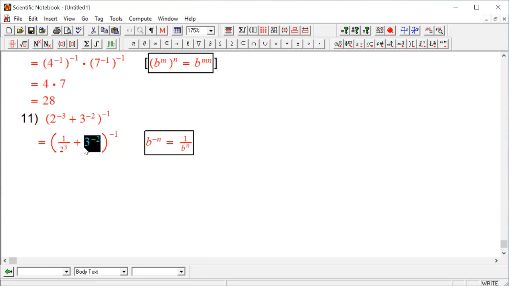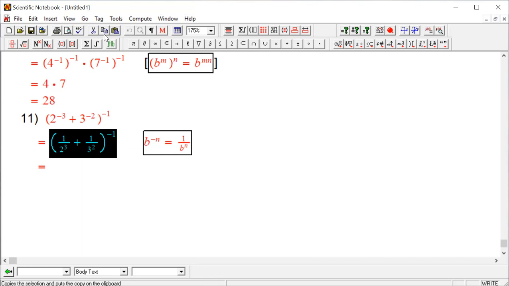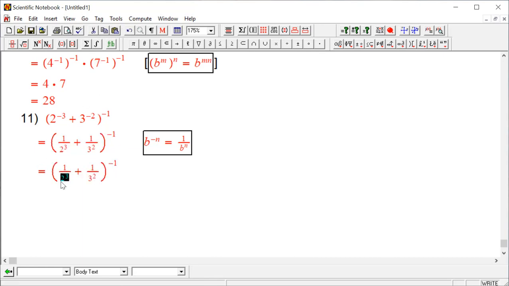On the other one, what are we getting? 3 to the power of -2, that's turning into 1 over 3 squared, right? So that's what this negative power tells us. And then afterwards, the -1 exponent has to wait outside patiently. 2 to the power 3 is 8. 3 squared is 9.